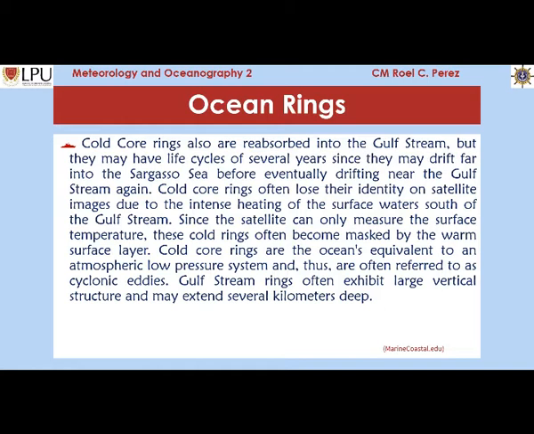Since the satellite can only measure the surface temperature, these cold rings often become masked by the warm surface layer. Cold core rings are the ocean's equivalent to an atmospheric low pressure system, and thus are often referred to as cyclonic eddies.